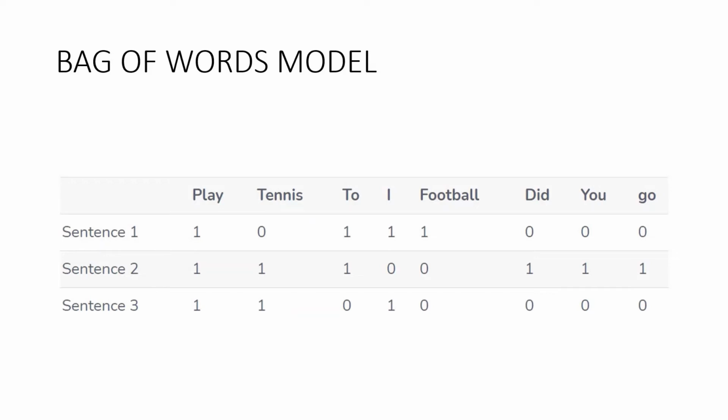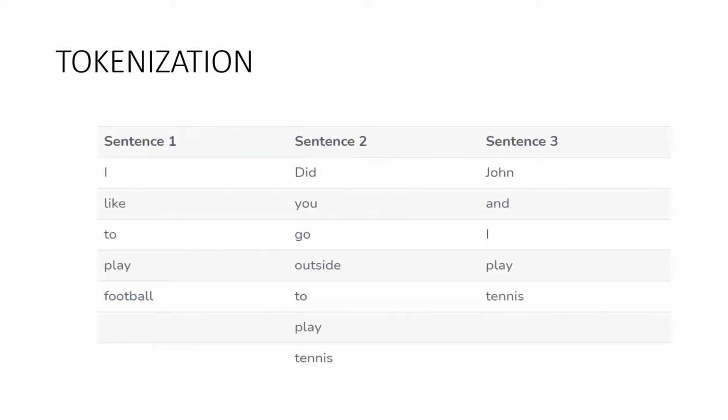The idea behind the TF-IDF approach is that the words that are common in one sentence and less common in the other sentences should be given high weights. Theory behind TF-IDF.